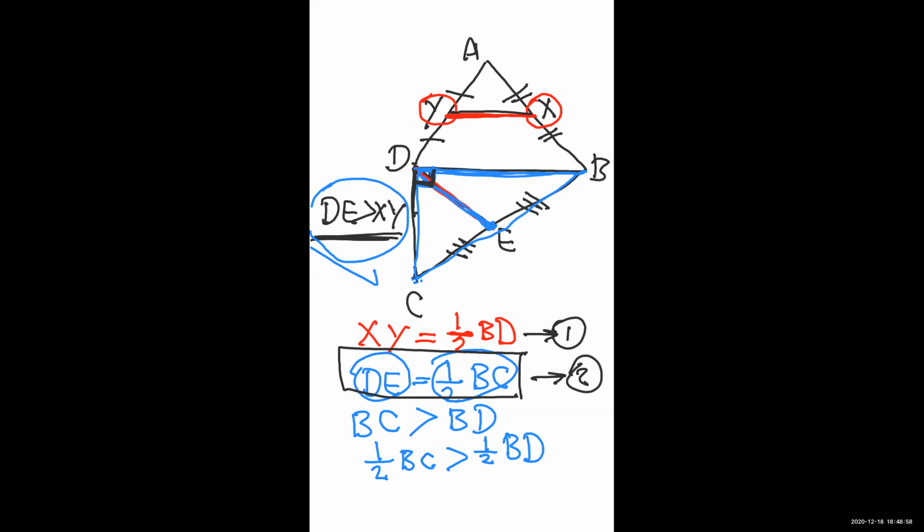Are we okay till now? So, of course, half BC is greater than half BD. What is half BC? It's DE.